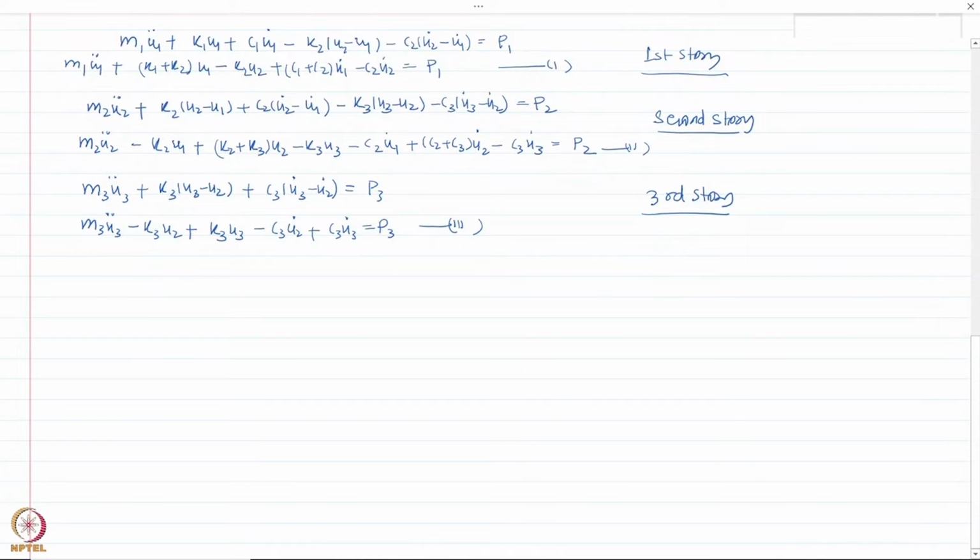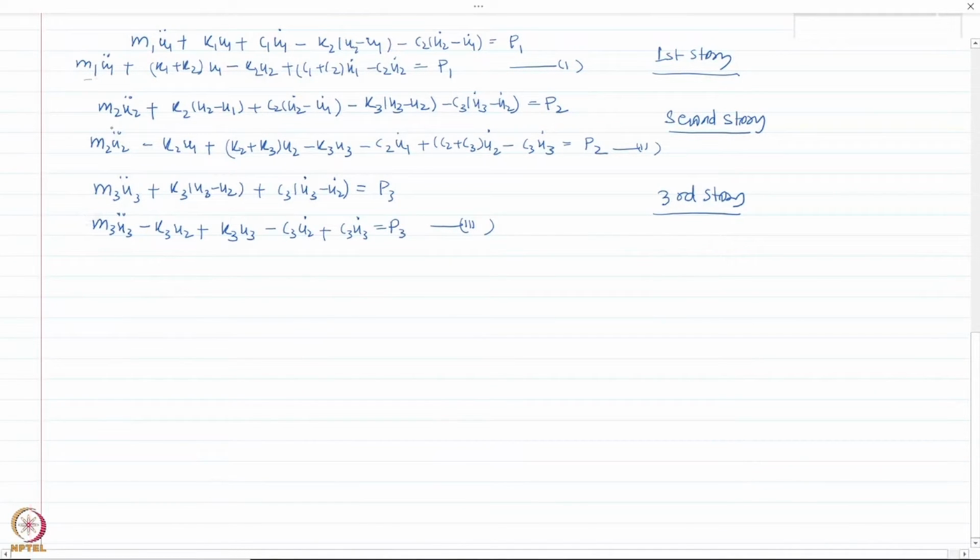So to do that, I know that for acceleration there are coefficients m1, m2 and m3, and then the vectors that we are considering would be the acceleration vector, velocity vector, and the deformation vectors. Now, let us write down equation 1 like this: m1 u1 double dot, there are no coefficients for the acceleration due to u2 and u3, so just zero coefficients.